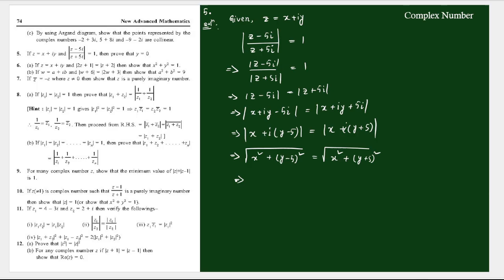You get x square plus y minus 5 whole square equals x square plus y plus 5 whole square. x and x you can cancel, they become 0. Then you have only y minus 5 whole square and y plus 5 whole square. Again both are whole squares, you can remove them by taking the square root, then you will get y minus 5 and here you will get y plus 5.